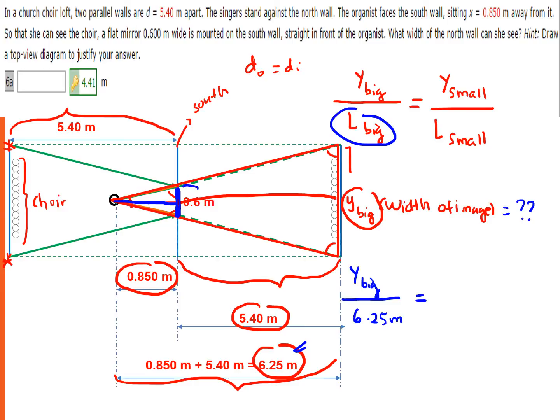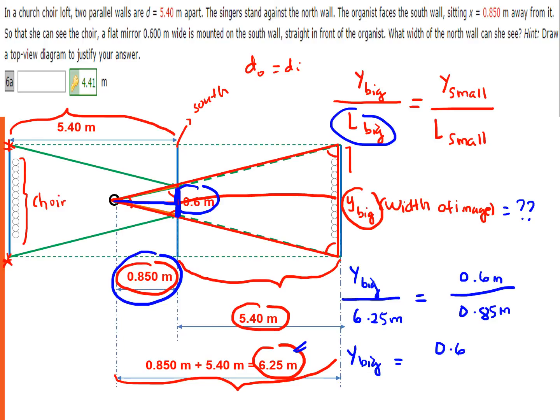Our y small is this, 0.6 meters, divided by L small, which is just this value over here, 0.85 meters. We could just so easily solve for y big now by doing cross multiplications.